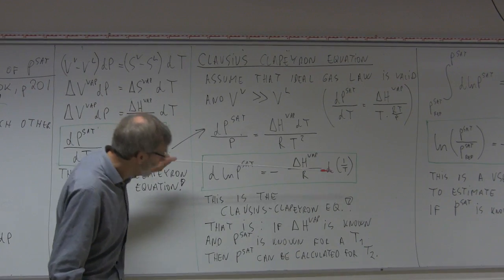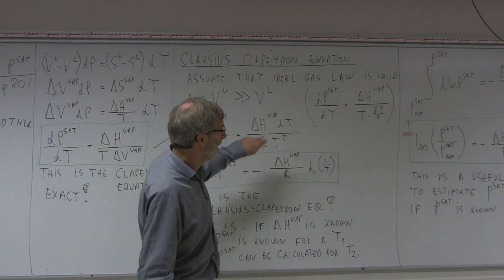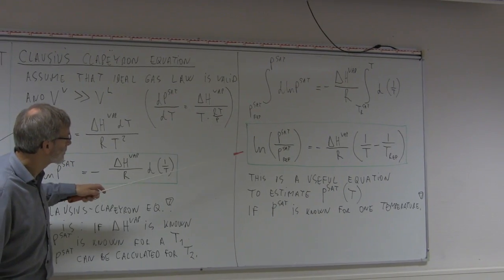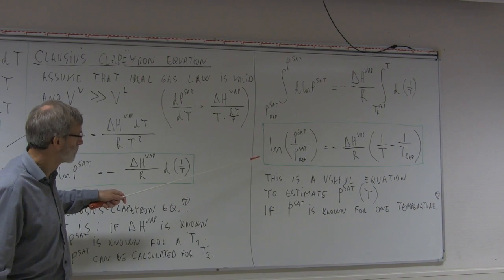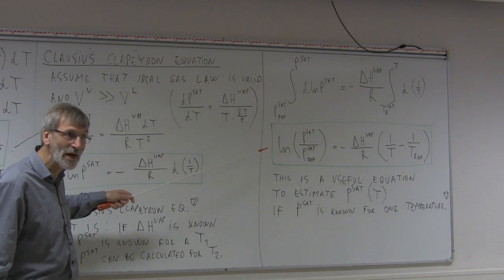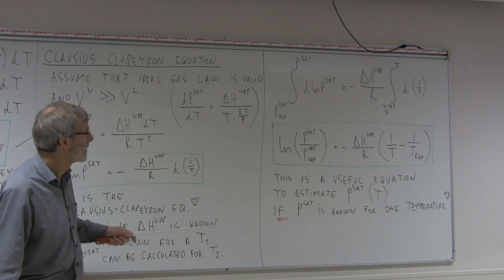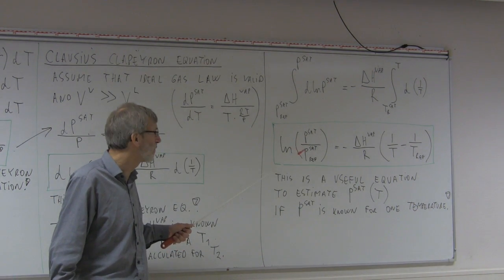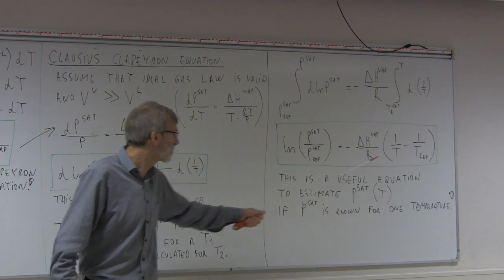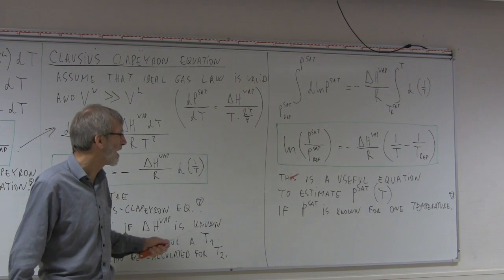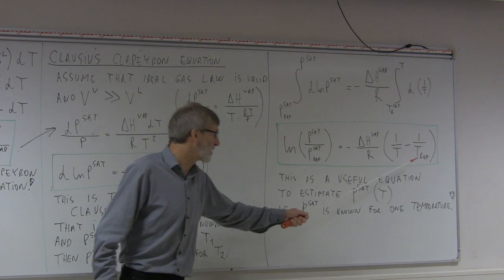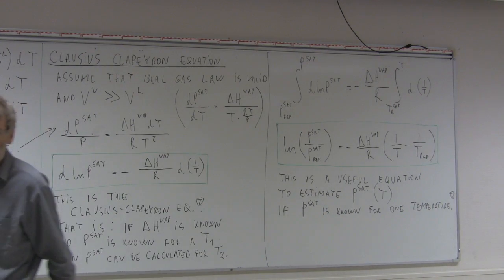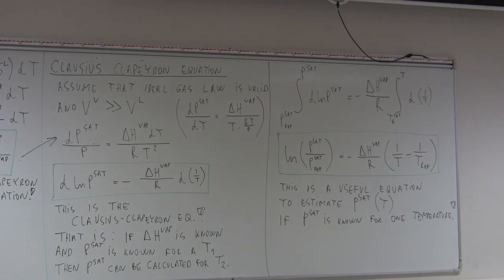And again, from that it is possible to deduce a simple equation, or at least an equation that is useful to find the saturation pressure for a new temperature if we have the saturation pressure for a reference temperature. So that is the end of video 4b.